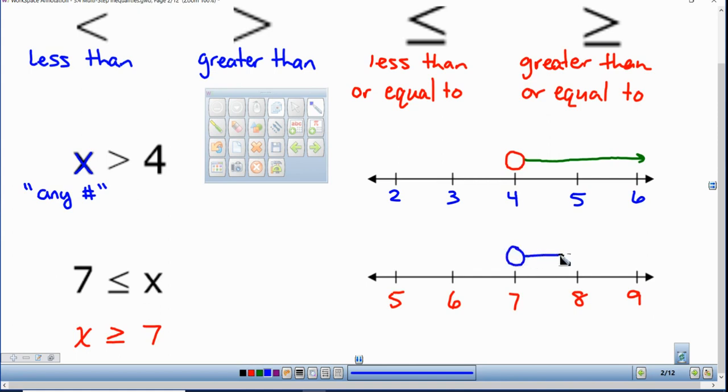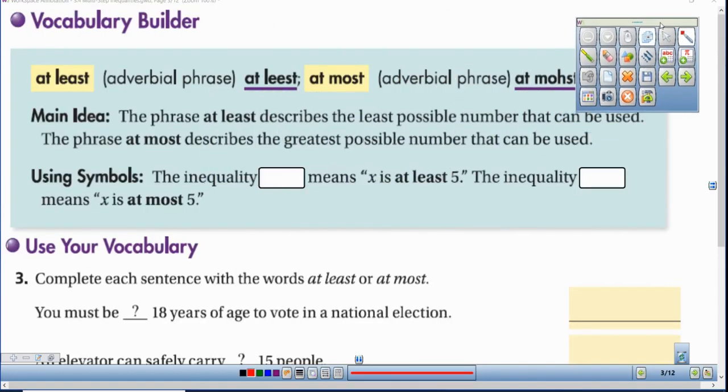The numbers greater would be over here to the right, the 8, the 9, and so forth. And this time, we're looking for numbers that are also equal to 7, and that does include 7 itself. And so we fill that in to let our viewer know that 7 is a solution here because of the bar that is underneath.